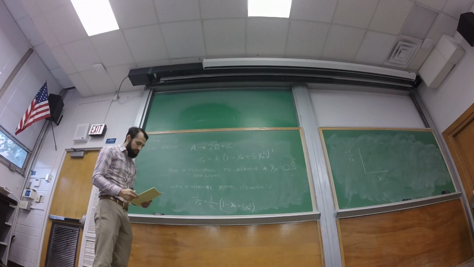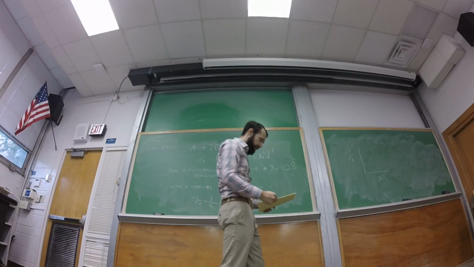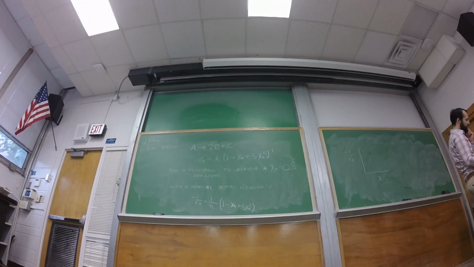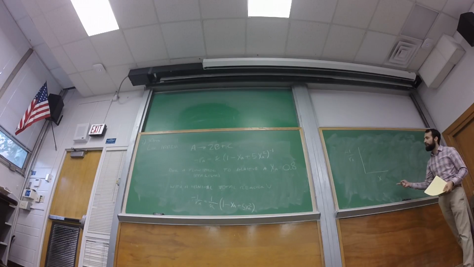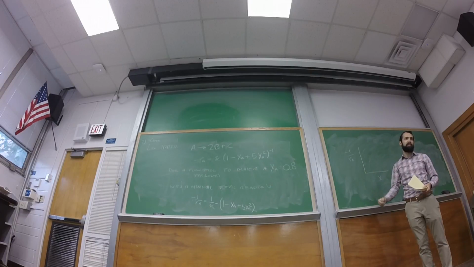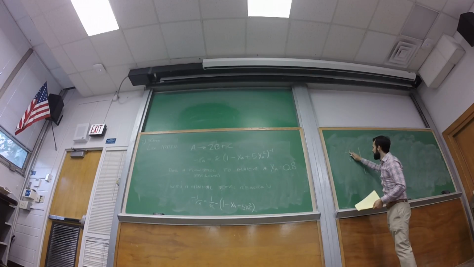Assume k is equal to 1. No, no, no. Do not assume k is equal to 1. So instead of plotting -1 over RA, what should I plot instead? Negative k over r.